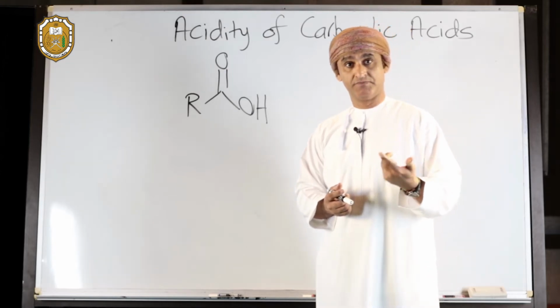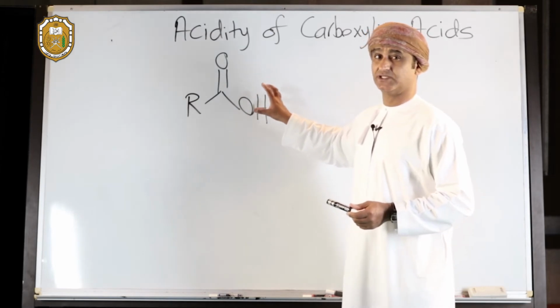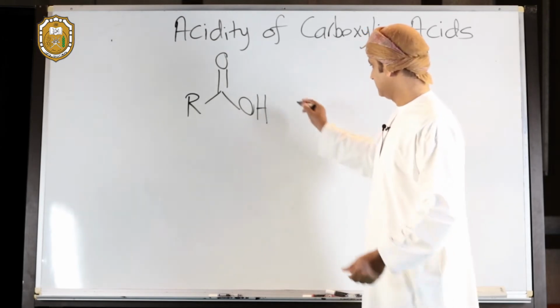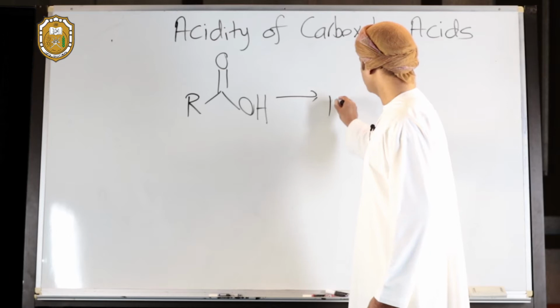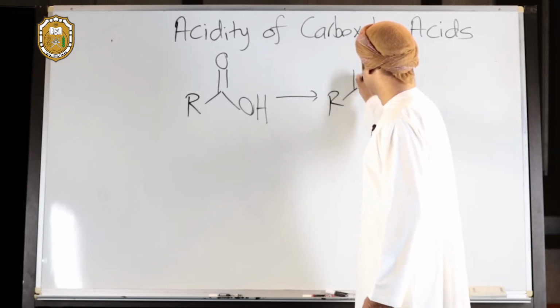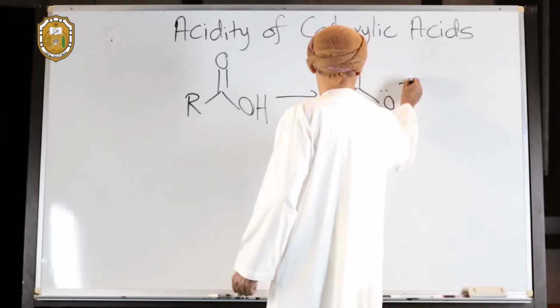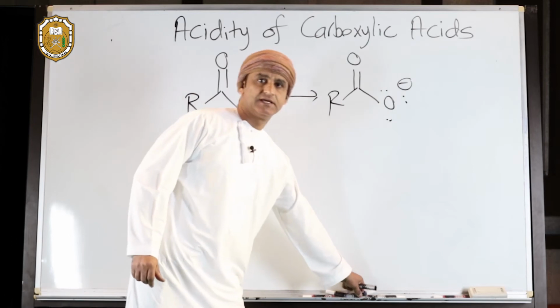So let's draw the conjugate base of carboxylic acids, or what we get when carboxylic acids lose this proton to a base. If you treat a carboxylic acid with a base of appropriate strength, you get its conjugate base, which is called carboxylate.